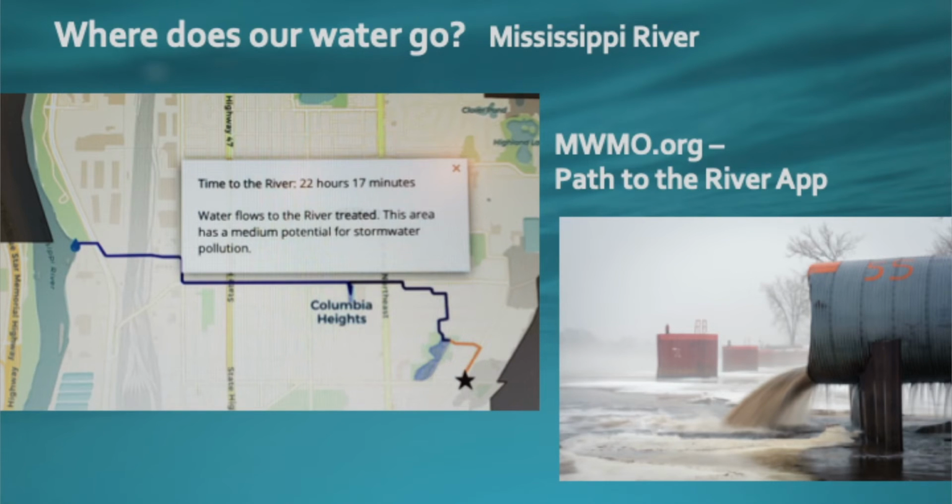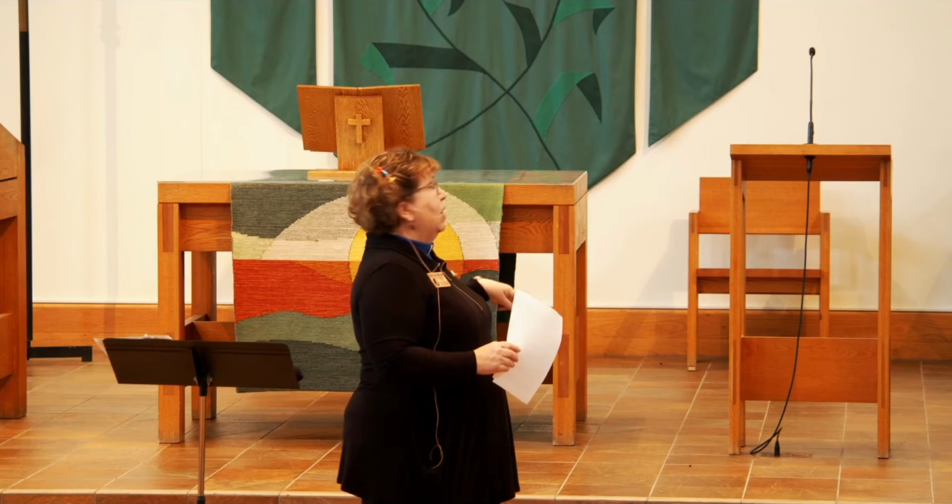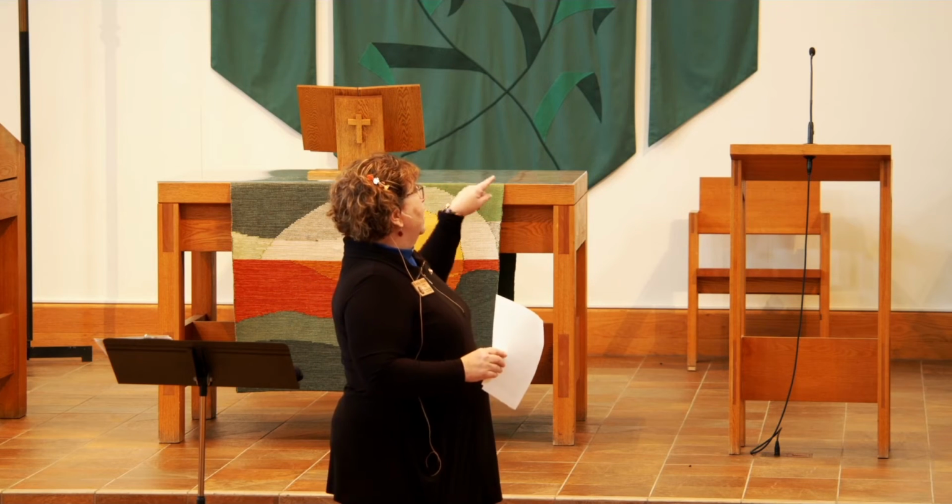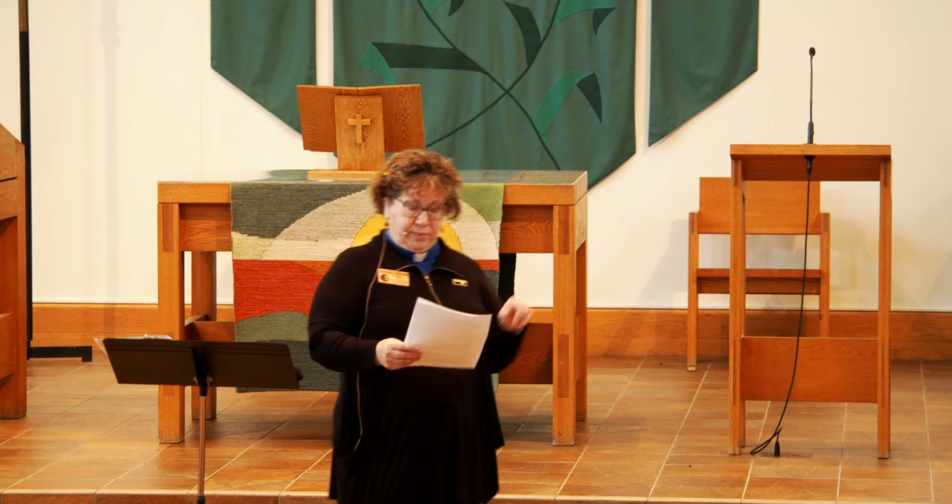And that's what a storm sewer eventually looks like when it runs into the Mississippi. So that gives you a little visual. And like I said, within MWMO, if you live within that watershed, you can chart your path to the river. If you're not in this watershed, another watershed probably has it.